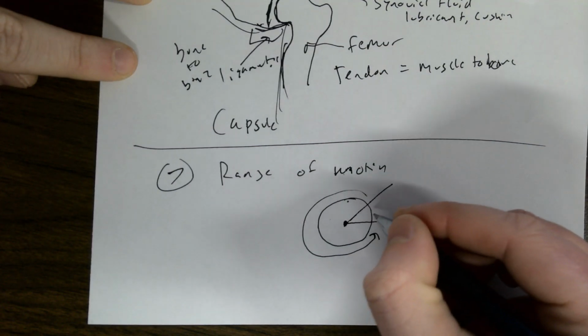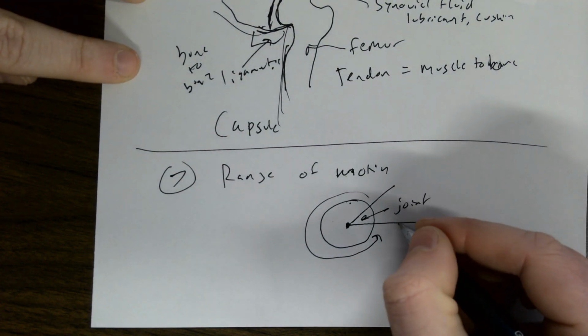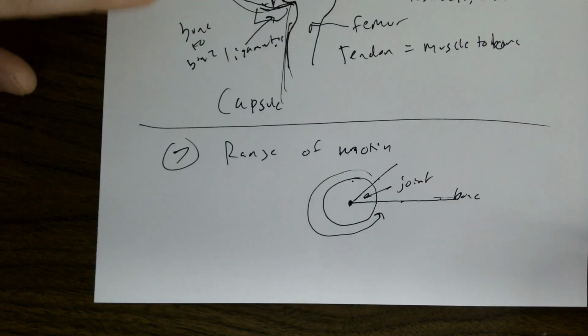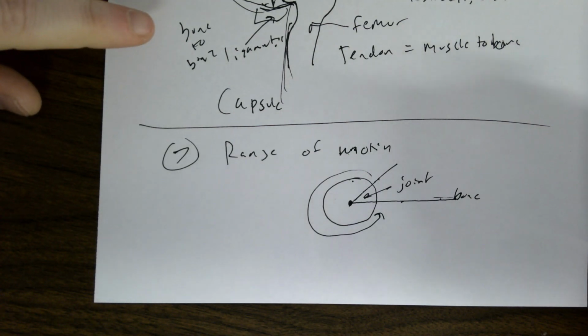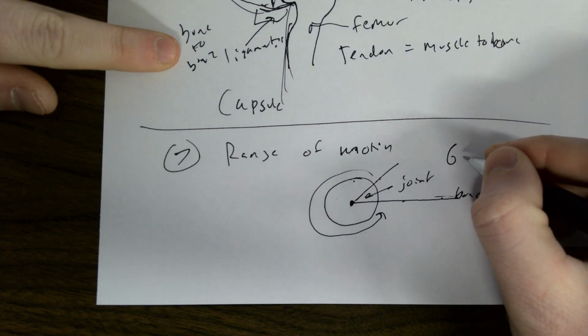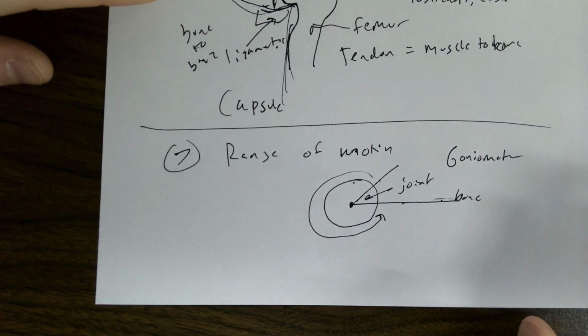So you hold that at the joint, and then you measure the flexibility. So this is along one bone, and then the other one follows the other bone to test the range of motion. You can also use computer simulators to do this. This device here is called a goniometer. Okay. That is standard 7.